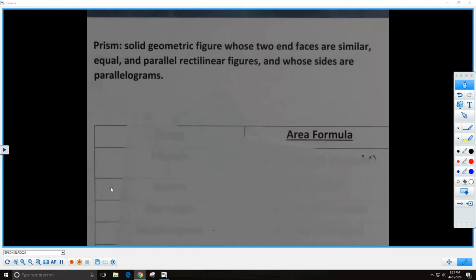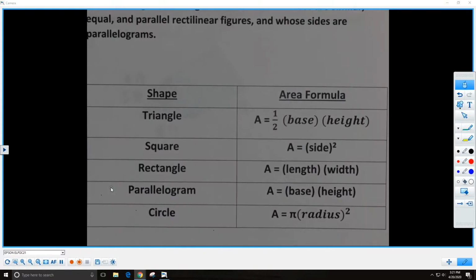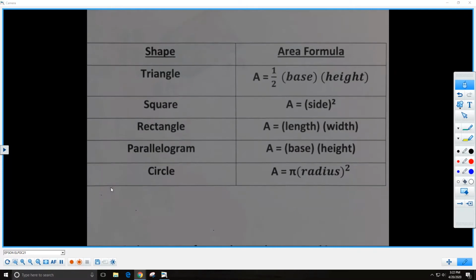Please copy down this table. It contains the area formulas of these simple shapes, and it will be helpful throughout the lesson. So I will pause for you to copy down this table.